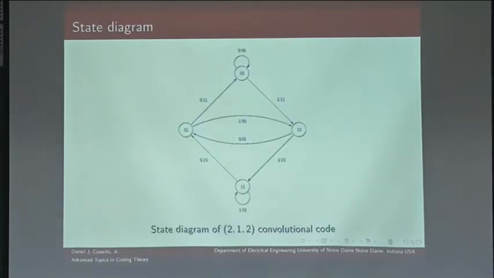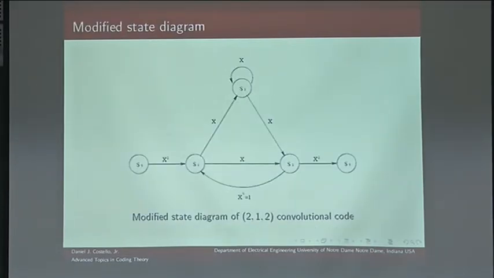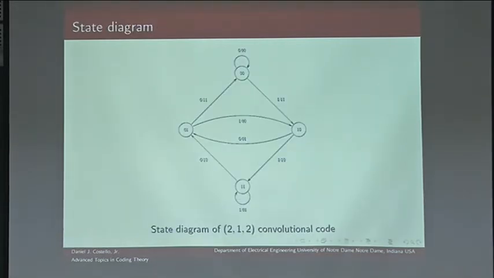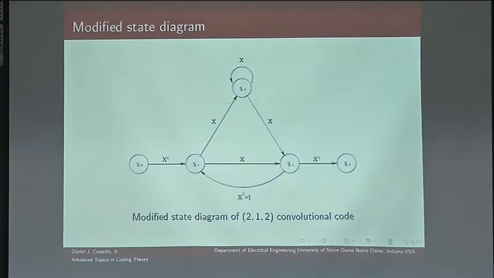So here's our state diagram. And here's our modified state diagram. Notice we've taken the zero state and split it into two: a beginning zero state and an ending zero state. And also the little self loop around the zero state with weight 0 isn't there anymore.